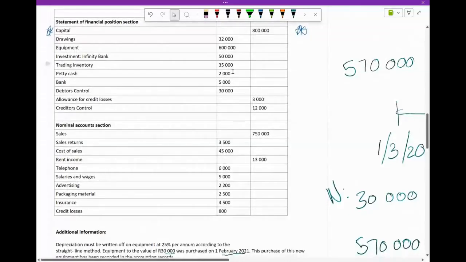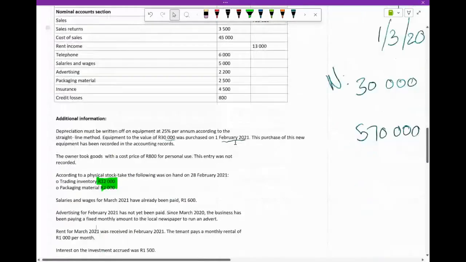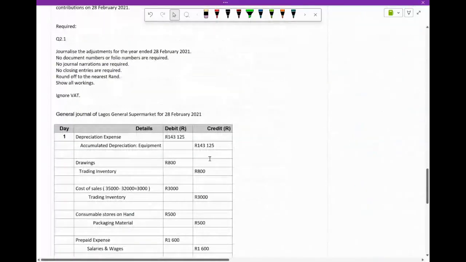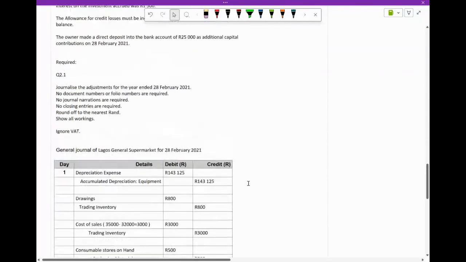So we need to make an adjustment for the difference to reduce what we have in the books. We're reducing our trading inventory, so we're going to credit it. But we know that the other account that's affected whenever we have a discrepancy is cost of sales. So we're debiting cost of sales 3,000, the difference between 35,000 and 32,000, and crediting trading inventory.